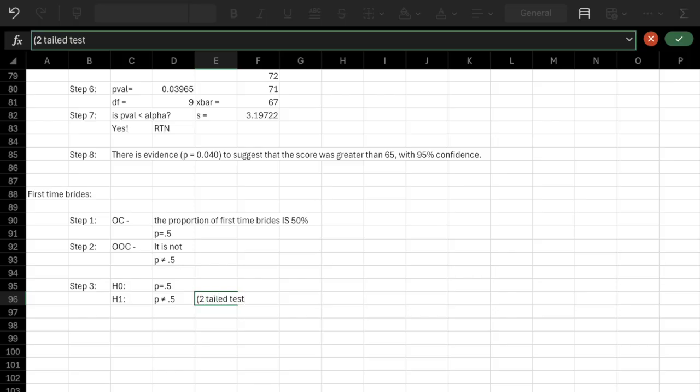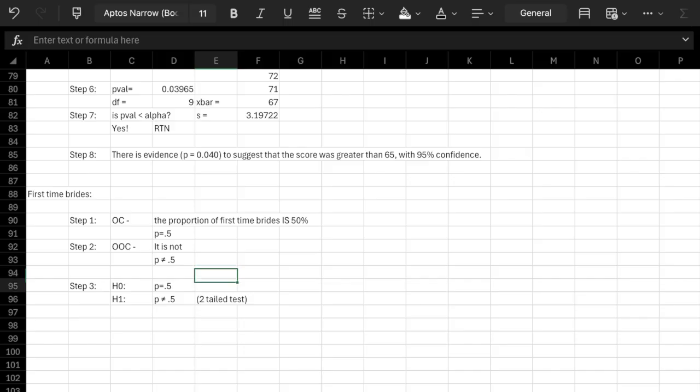Right? Because it's not equal to. Data that suggests that the proportion is greater than, or less than, both contradict the null hypothesis. And so both of those we are going to include in our p-value.